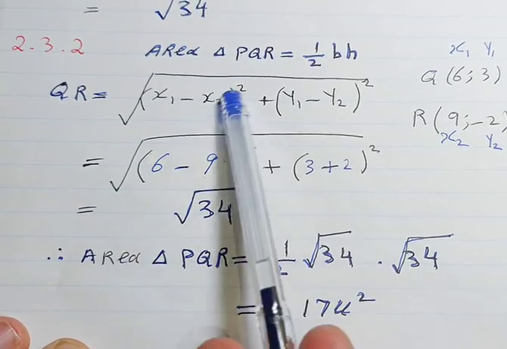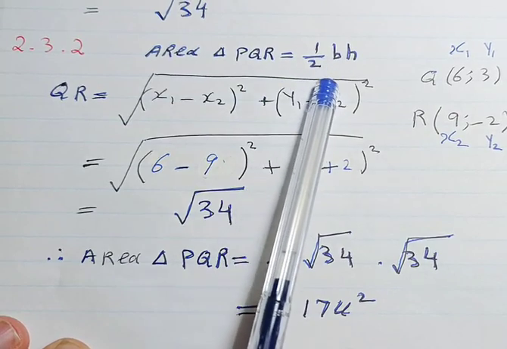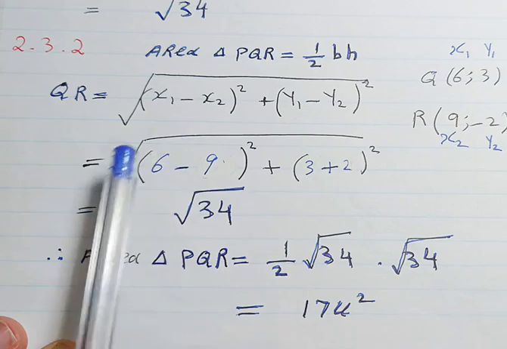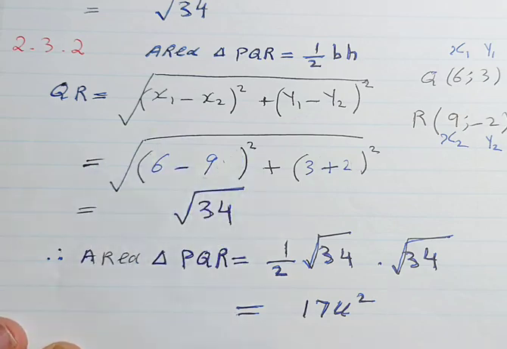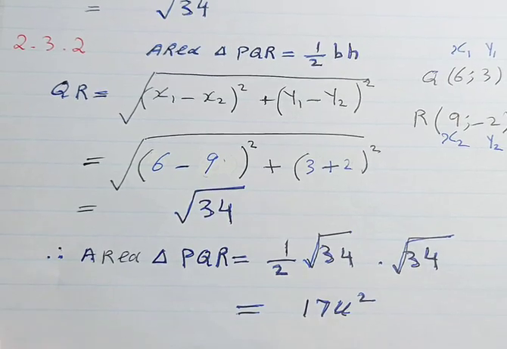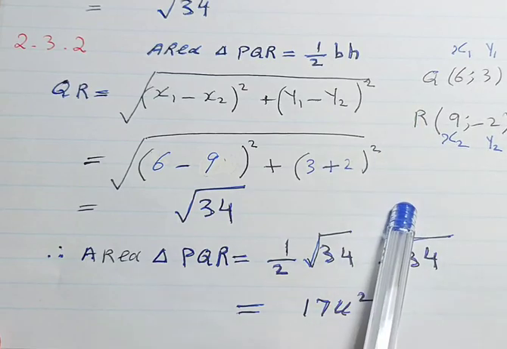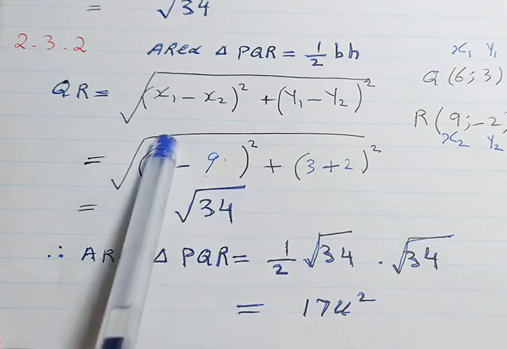So the area of triangle PQR is equal to 1/2 base times perpendicular height. I already have the length of PQ, which is root 34 units, and we need to find the length of QR now. So these are the coordinates of Q and R, and I plug them into this formula.